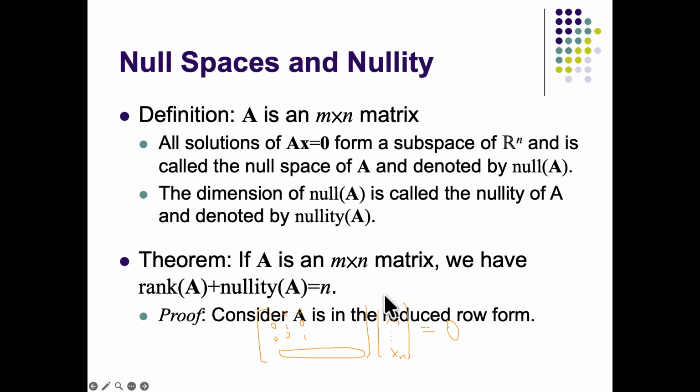So the number of leading ones is your rank, and the number of zeros represents the dimension of the null space, which is nullity, and they add up to be the number of unknowns in your system of linear equations, which is n.